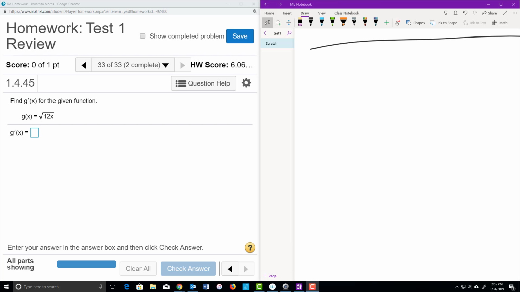For number 33, it's asking us to find g prime of x given g of x. Well, anytime you see f prime of x or y prime or g prime of x, that's a derivative. And we're going to learn how to take the derivative in an easier way later on. But for right now, we're taking the derivative using the limit as h approaches 0 of the difference quotient.